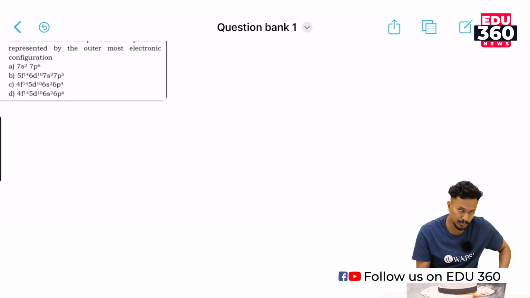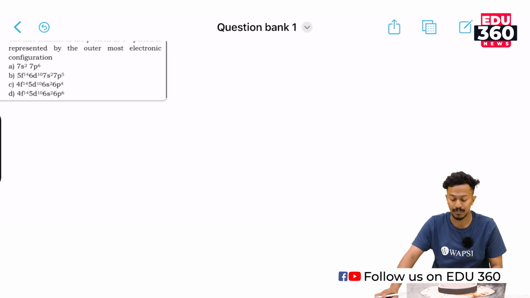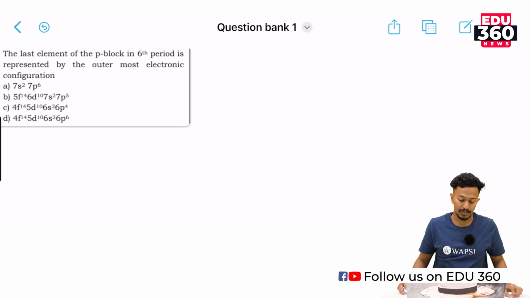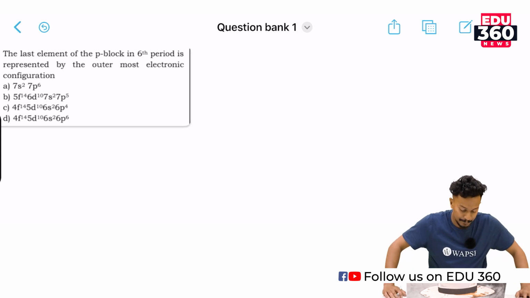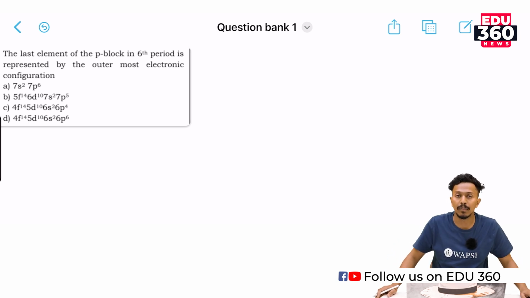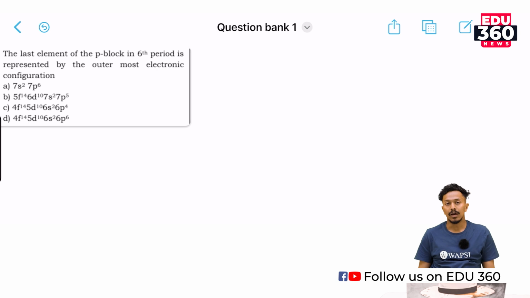Yes. A simple periodic table question, right? We should be familiar with the periodic table. So the last element of the p block in the 6th period is represented by an outermost electronic configuration. What is the last element in the periodic table? Actually, we do know that it is Og.